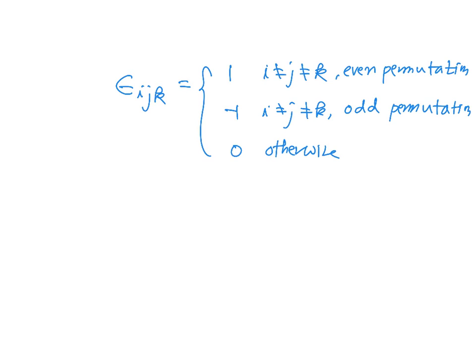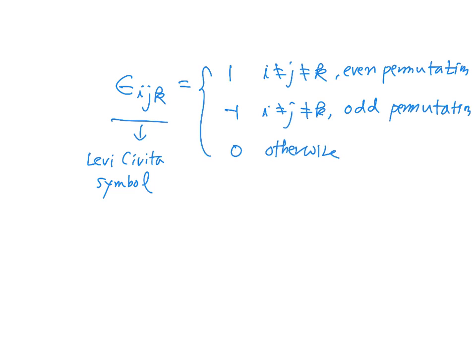Let's introduce the special function called epsilon ijk. It has a name, Levi-Civita. Levi-Civita was an Italian mathematician of the 19th century.